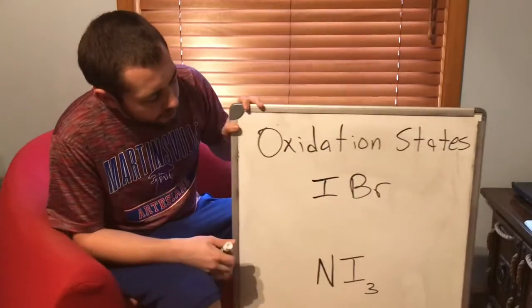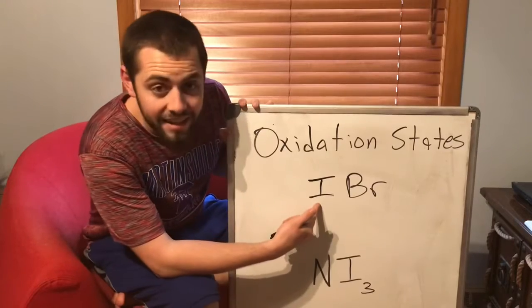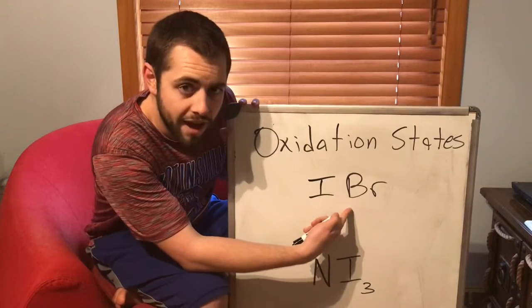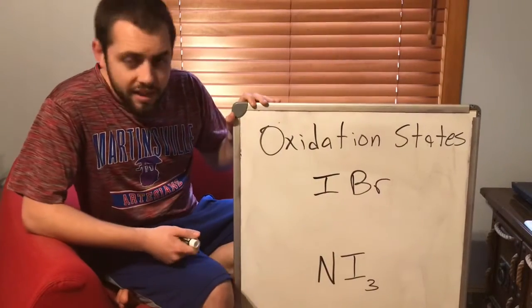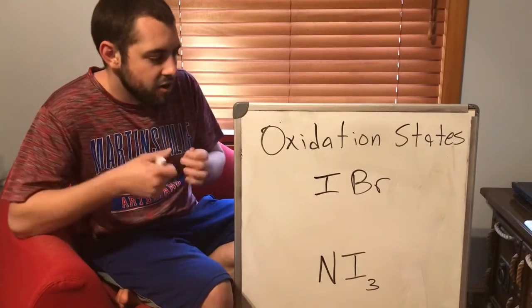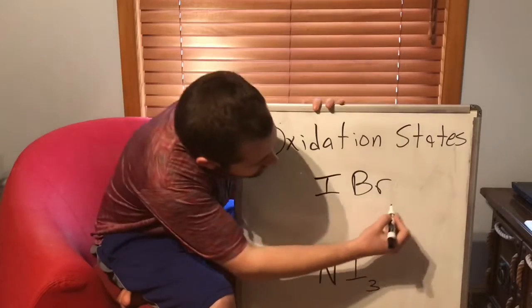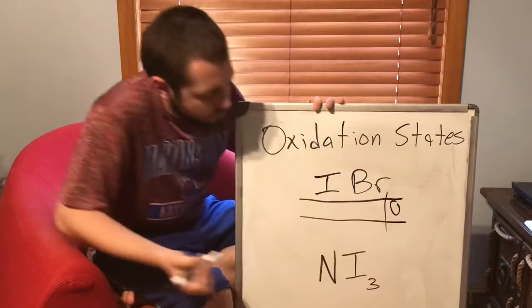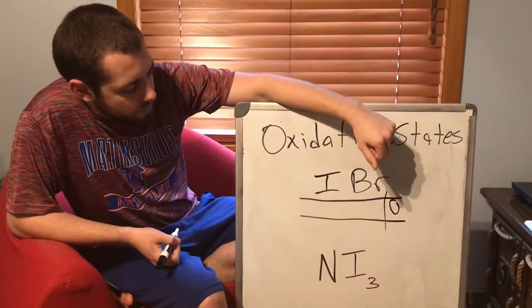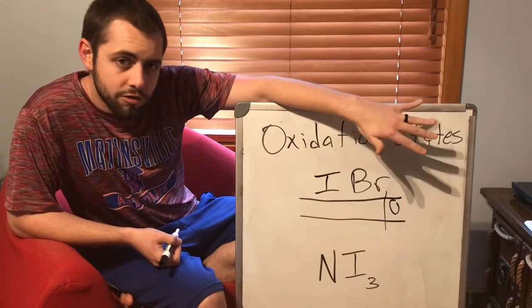So this first one that I picked here, this is iodine monobromide. I'm going to set it up the same way. Make my railroads. This is a neutral compound, so I'll set it equal to 0. But now, I've got no rules to guide me.